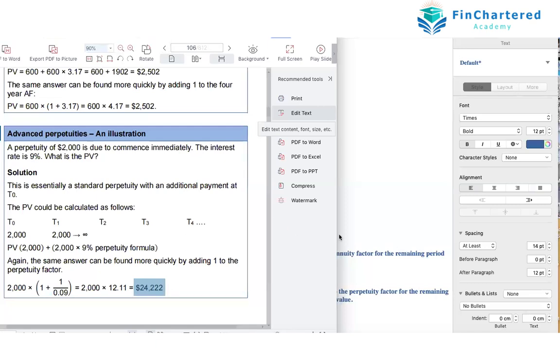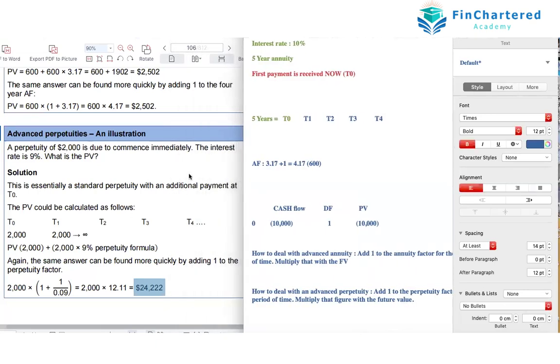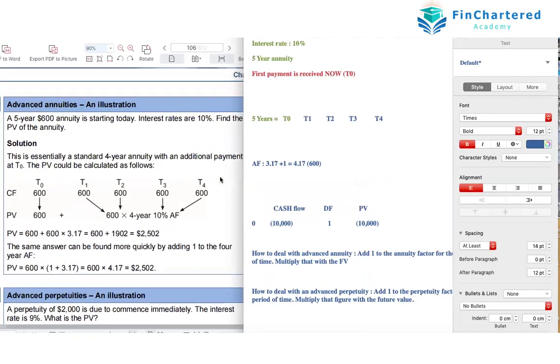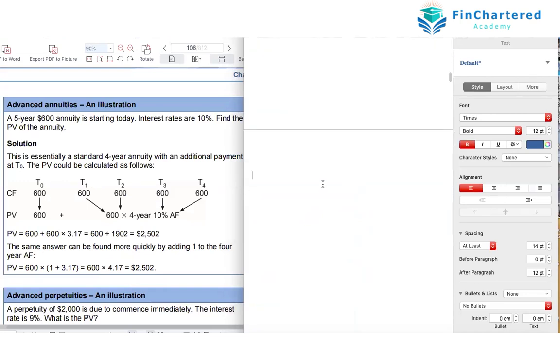Slightly confused? Okay, I will help you. Again, going back to annuity factor. What is happening in this case? Here, basically, it's very, very simple. Normally, present value is equal to annuity factor into future value.